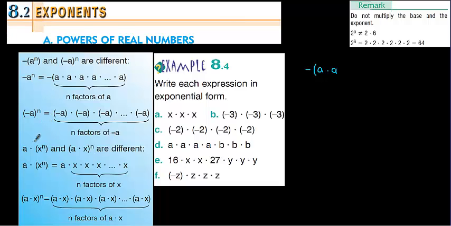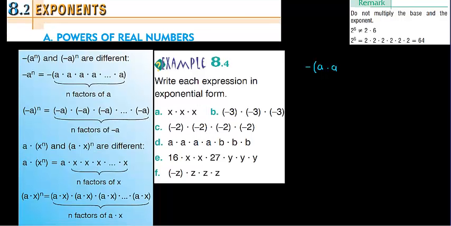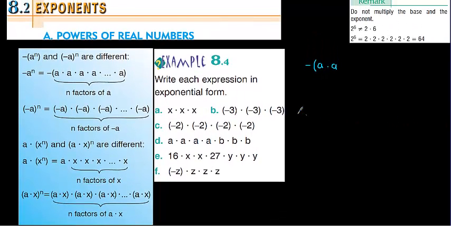Here a times x to the power of n and a times x to the power of n are different terms, depending on whether we multiply outside or inside. Okay, now I'm going to solve some exercises to understand these differences.